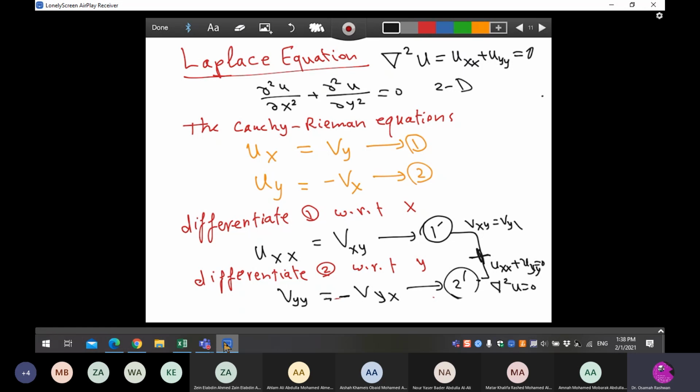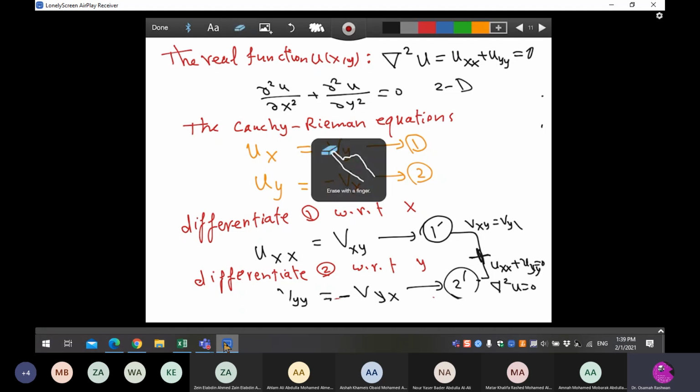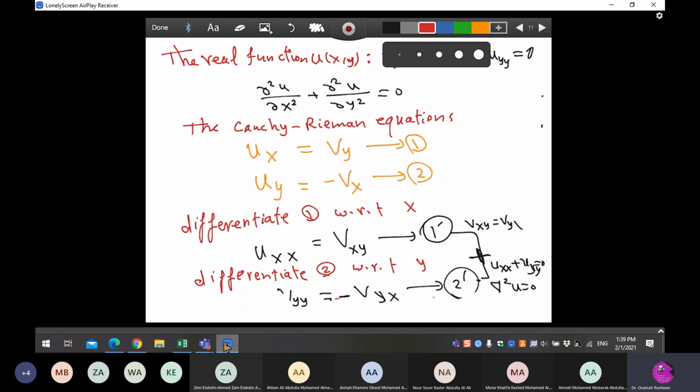So for the real function u of x and y, such that nabla square u equal to 0, if my u satisfies this one, I call u of x and y harmonic.